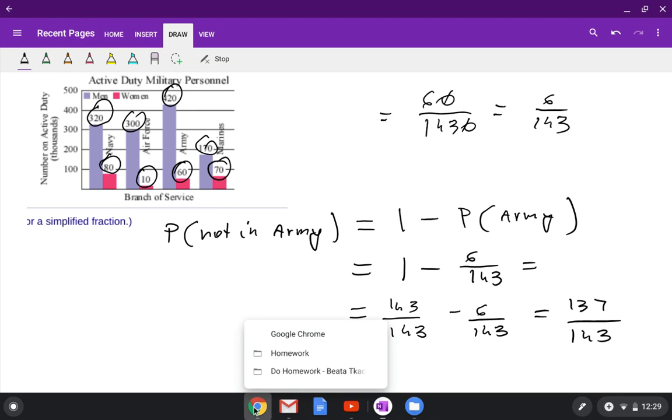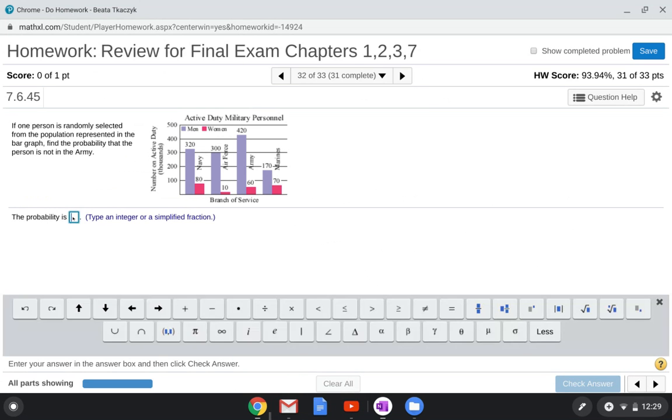Checking my math. Fraction. 137, if I added those numbers correctly, over 143.